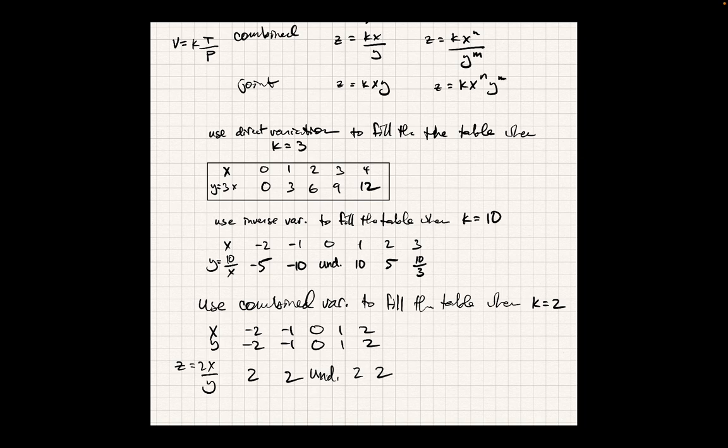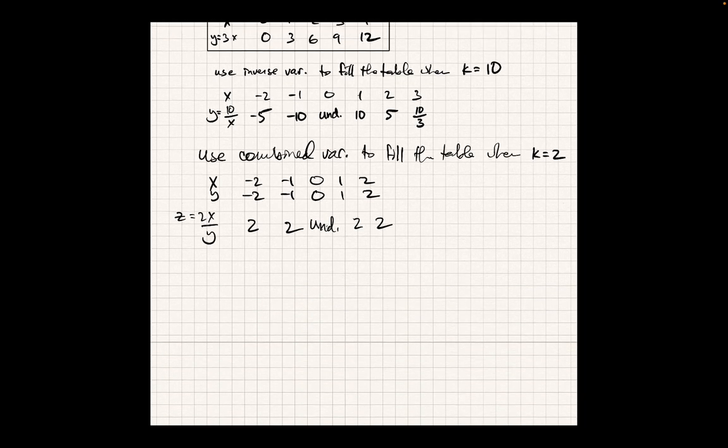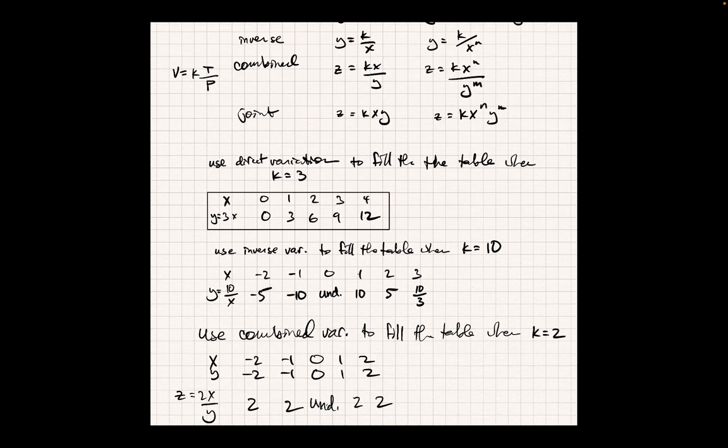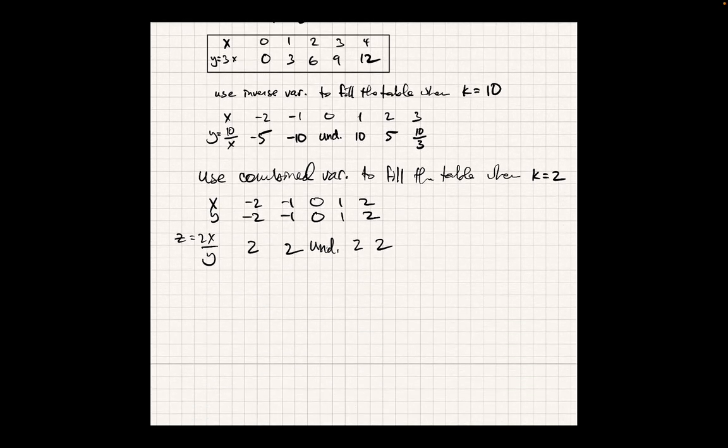Yeah, it's harder to set up a table for a three-dimensional formula, a joint or a combined one. So really, I should have -2, -1, 0, 1, 2, and then minuses here, and then -1 all the way across.